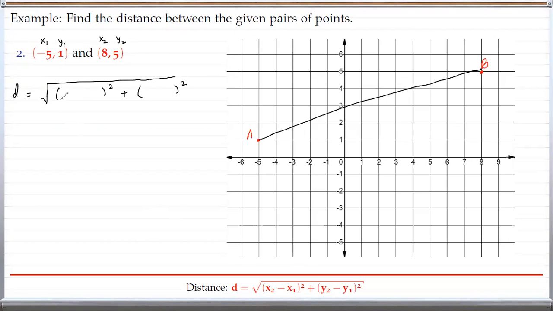So in the first parenthesis, we have x2 minus x1. x2 is 8 minus x1 is -5. So we have 8 minus -5 squared plus, in the next parenthesis, we have y2 minus y1. 5 minus 1 squared. So this is the distance between A and B. Now the rest is just simplifying this.